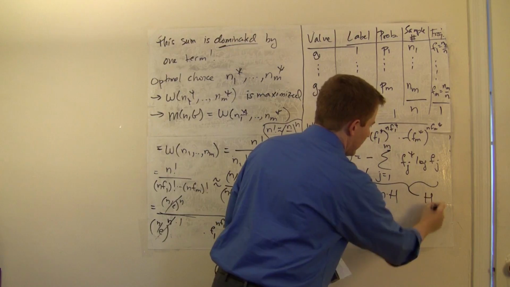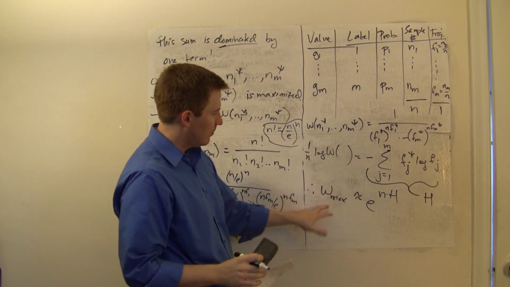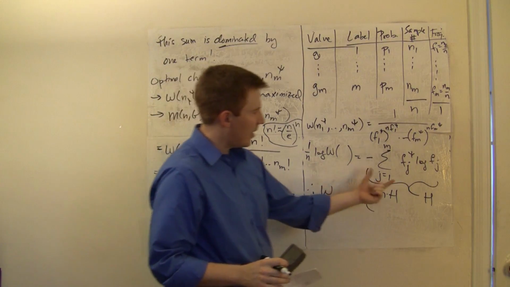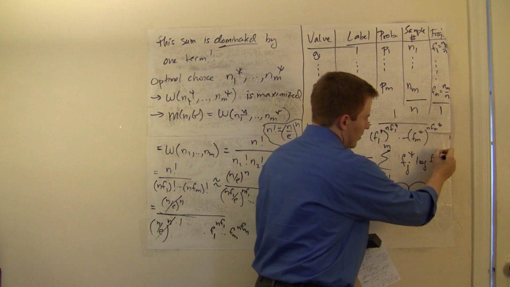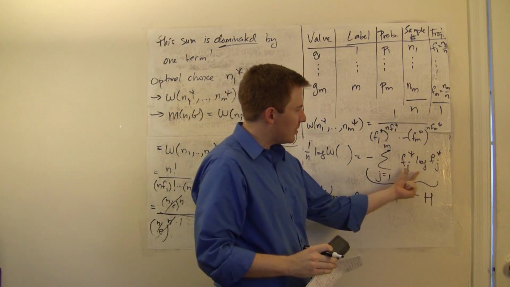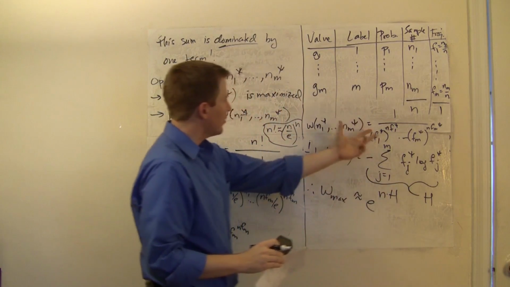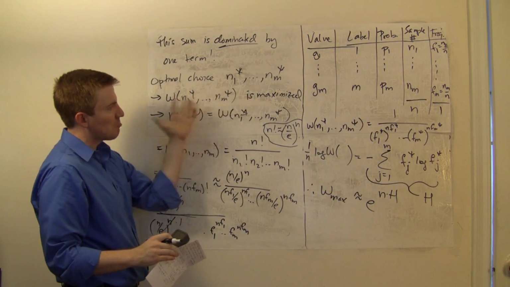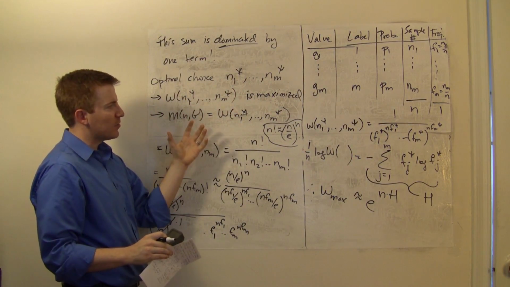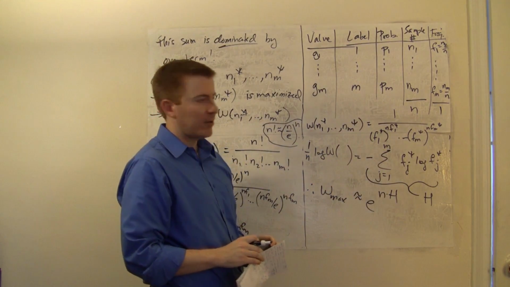H is 1 over n times the log of W max, and it's just minus the sum of frequencies times the log of the frequencies, for this particular choice of frequencies that maximize this multiplicity subject to the constraint that we had written down earlier.